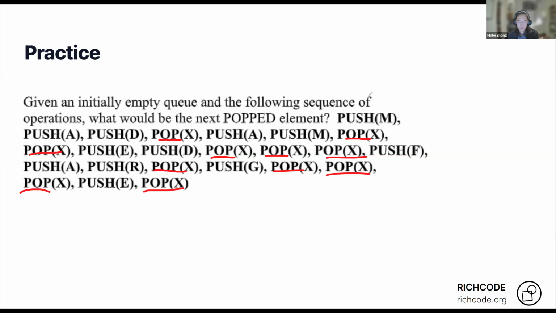Now all we have to do is count forward 11 pushes, and the one after that will be our answer. So we start with M. This is 1. This is 2. This is 3, 4, 5, 6, 7, 8, 9, 10, 11. The next one is E. So yes, Catherine, your method is actually pretty smart, but it only works with a queue.